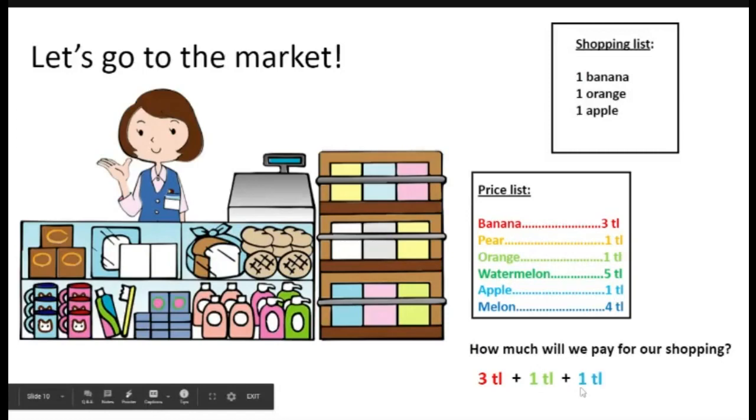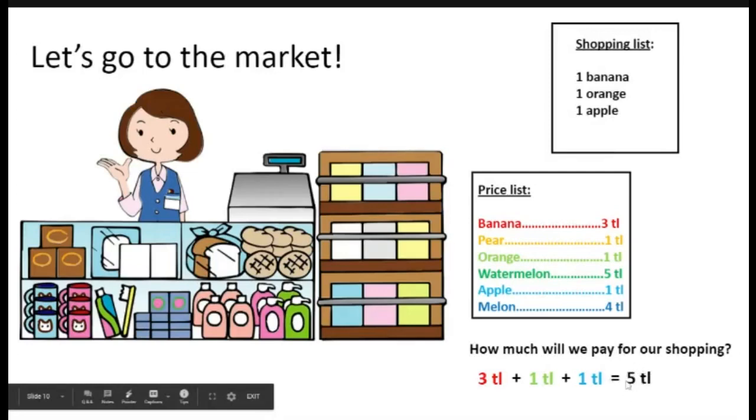So plus 1 lira. Look, 3 lira for one banana, 1 lira for one orange, and 1 lira for one apple. How much does it cost all together?